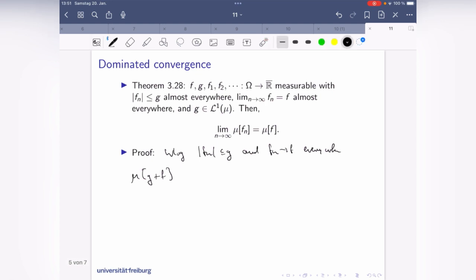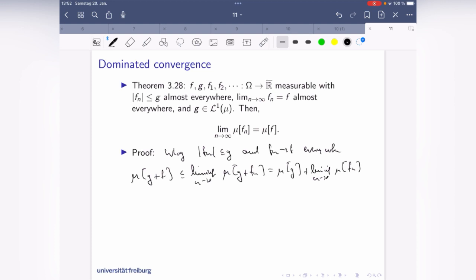So that's smaller or equal than lim inf, n goes to infinity, mu of g plus fn. Okay, the integral is linear, so the mu of g I can write down outside, plus lim inf mu of fn, n goes to infinity.